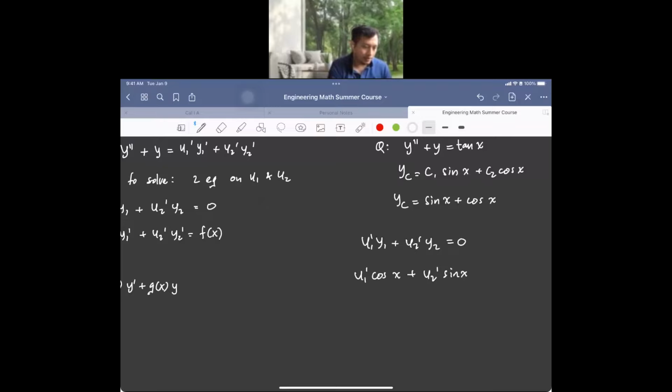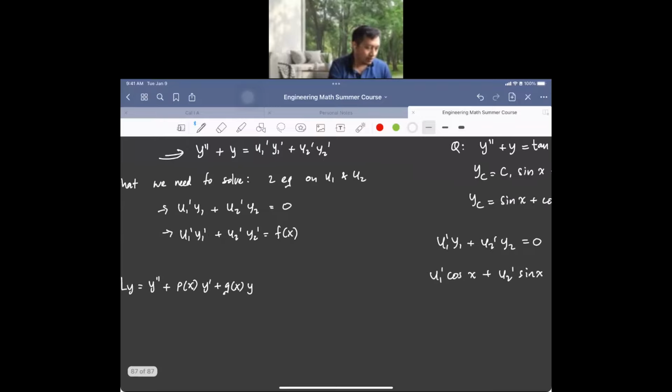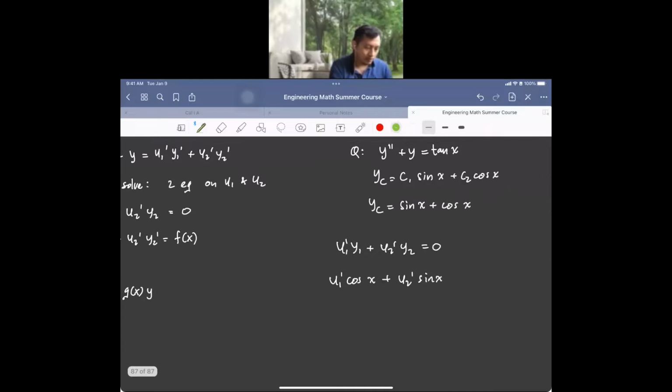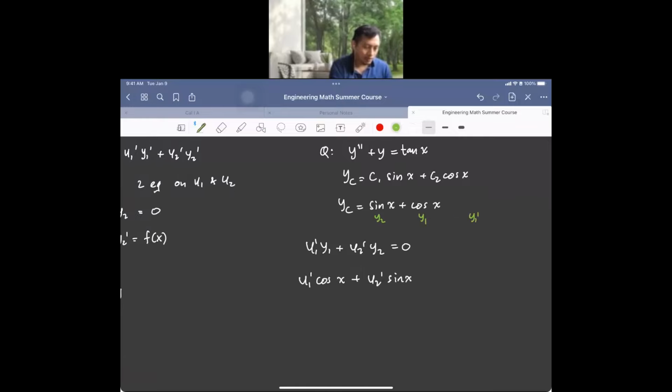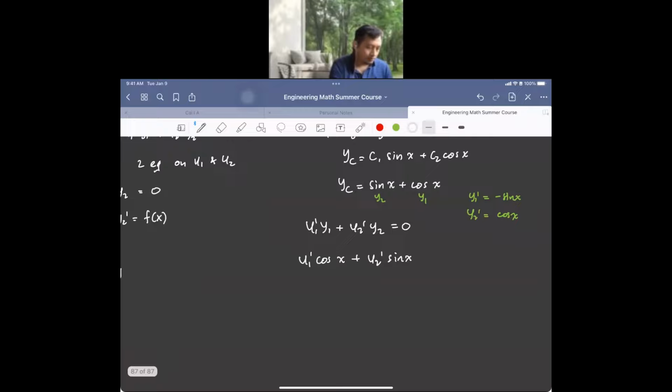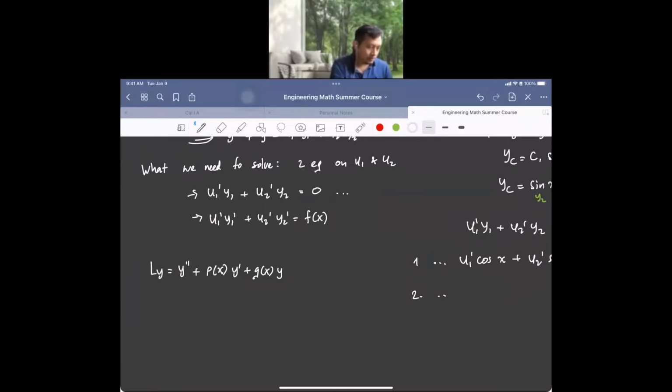Now we differentiate for the second one. We have y1 prime is negative sine x, and y2 prime is cos x. So this is the first one, the second one is this one.